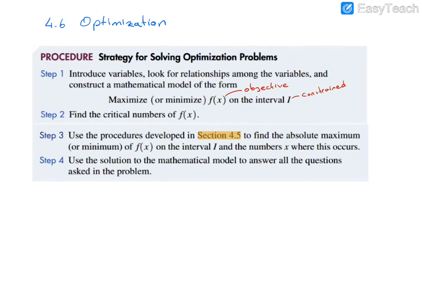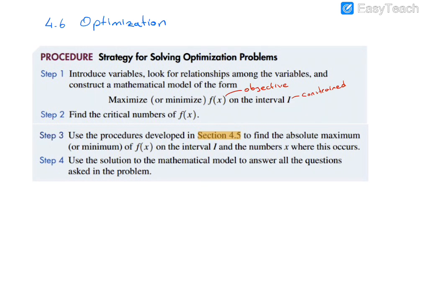In the second step, you should find the critical numbers for the function f of x. If the interval indicated in step 1 is a closed interval, as you know, all continuous functions have their absolute maximum and absolute minimum on the closed interval.